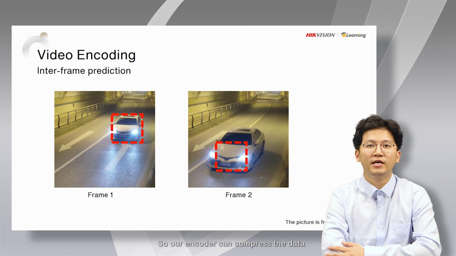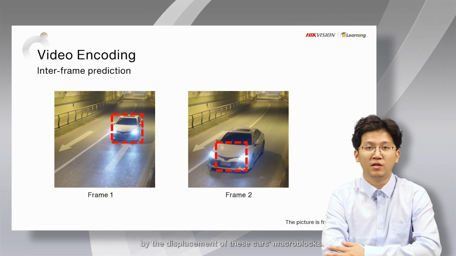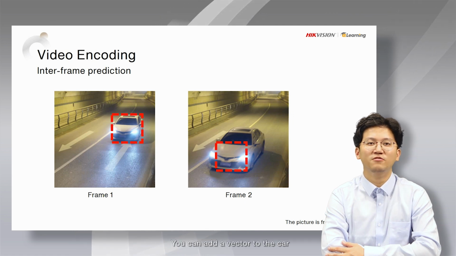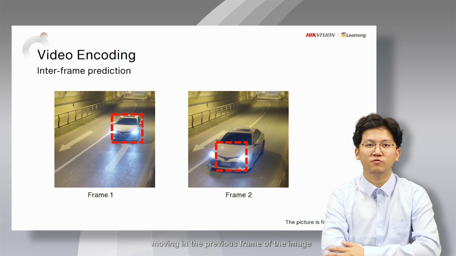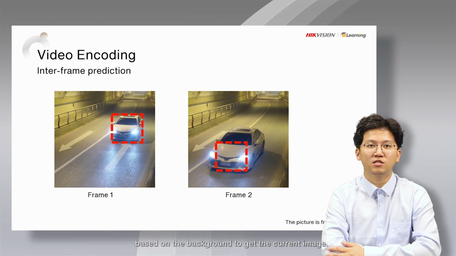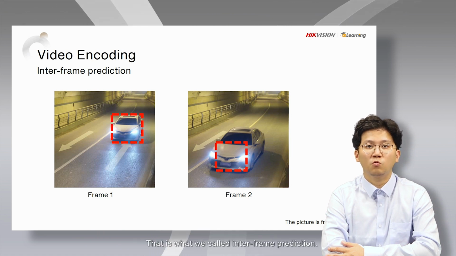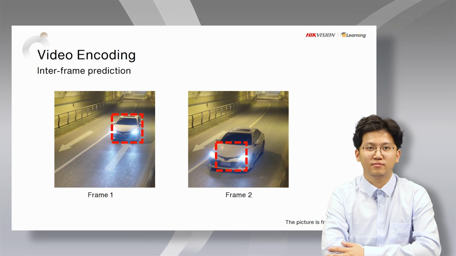So our encoder can compress the data by the displacement of this car's macroblocks. We can add a vector to this car using the previous frame of the image and make it do a displacement based on the background to get the current image. This is what we call interframe prediction.